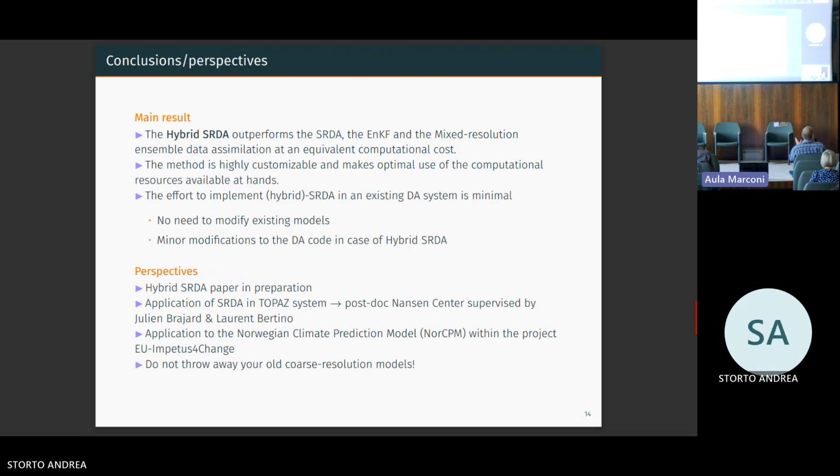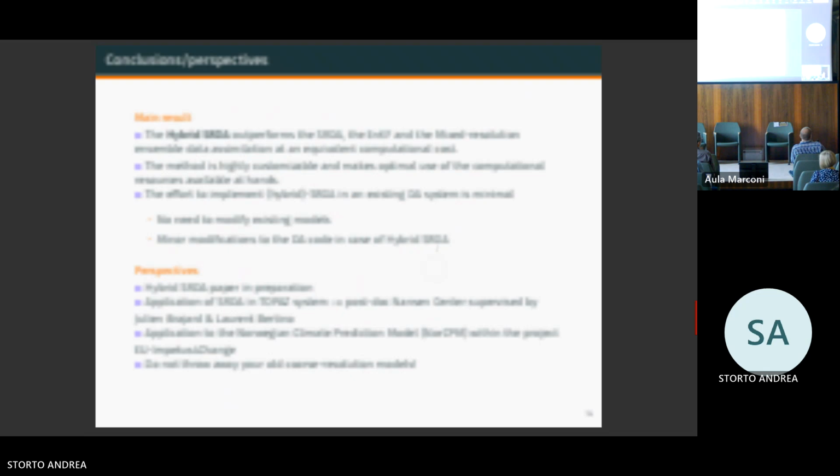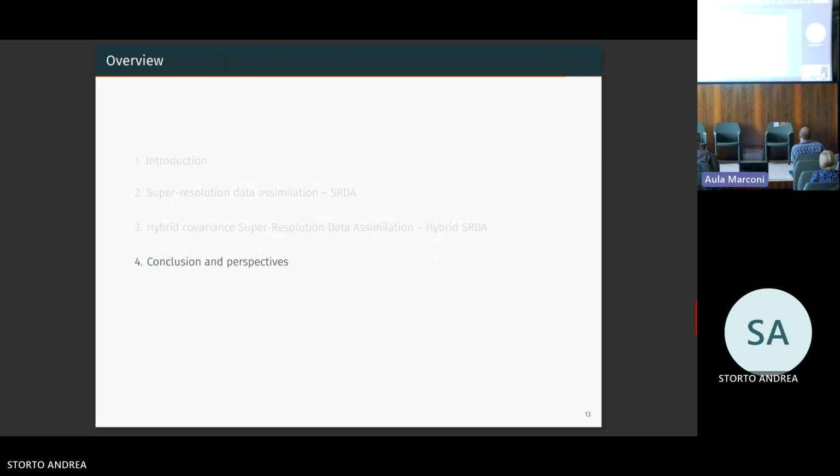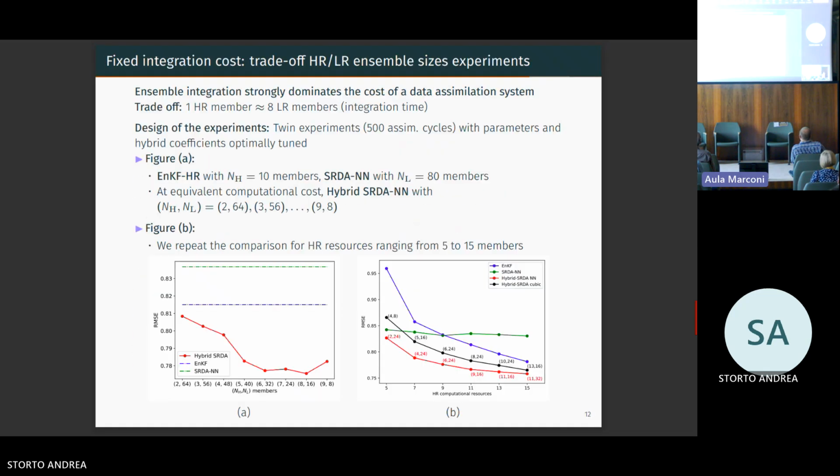So you also try to tune... Yes, we always tune the alpha in these experiments when we modify the sharing between high and low resolution. So the alpha is not always the same.